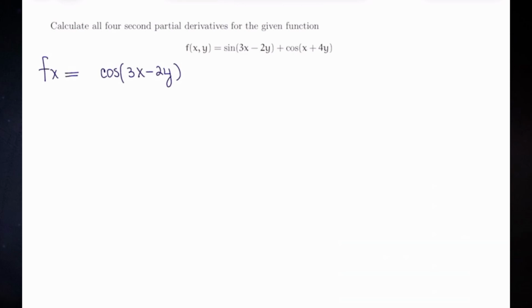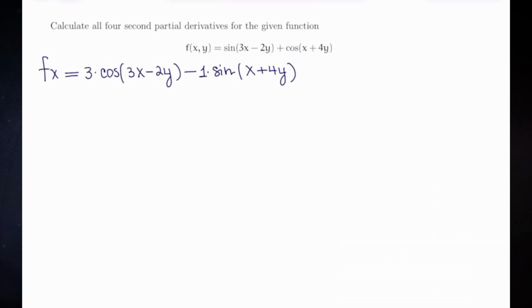So I'm going to put it up front here. Then the derivative of cosine is negative sine, so negative sine of x plus 4y. The derivative of the argument with respect to x is 1. So this is my first derivative with respect to x.